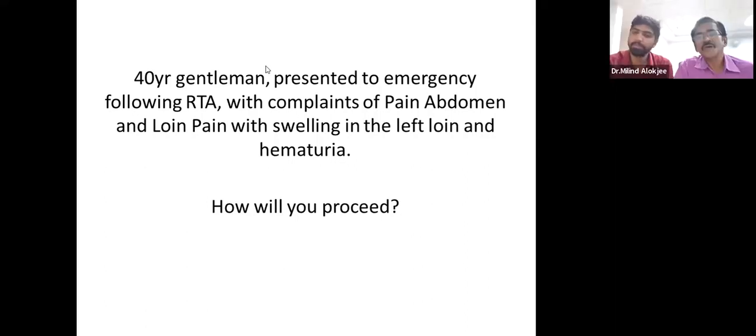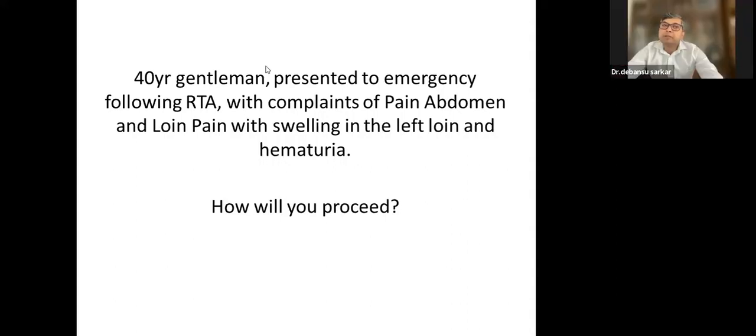Sir, if there are 2 patients, one with a huge collection of contrast lateral to the kidney in the perinephric space, versus a patient who has a moderate amount of contrast extravasation close to the pelvis. Are these 2 patients the same or different?